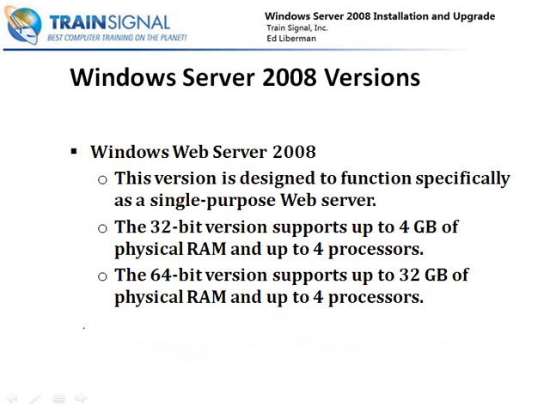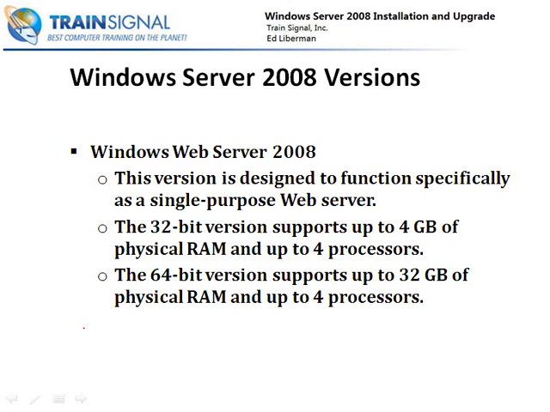Now, taking a step all the way back from Data Center Edition, going all the way down to Windows Web Server 2008. Windows Web Server 2008 is designed to function specifically as a single-purpose web server, meaning it is exactly what it says it is. It's designed to be a web server, and that's it.